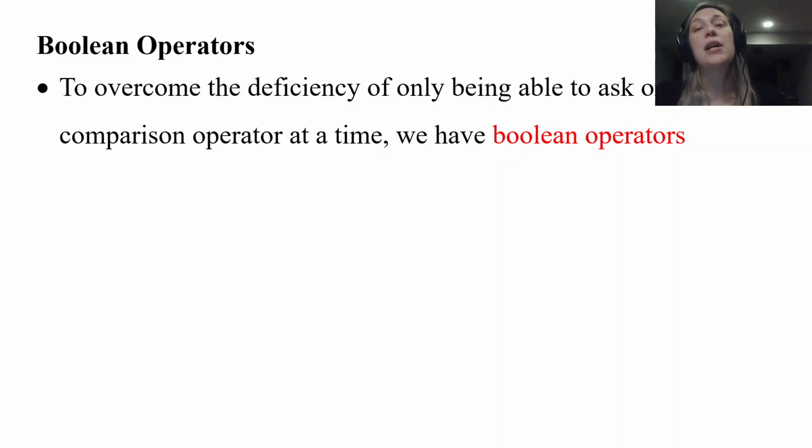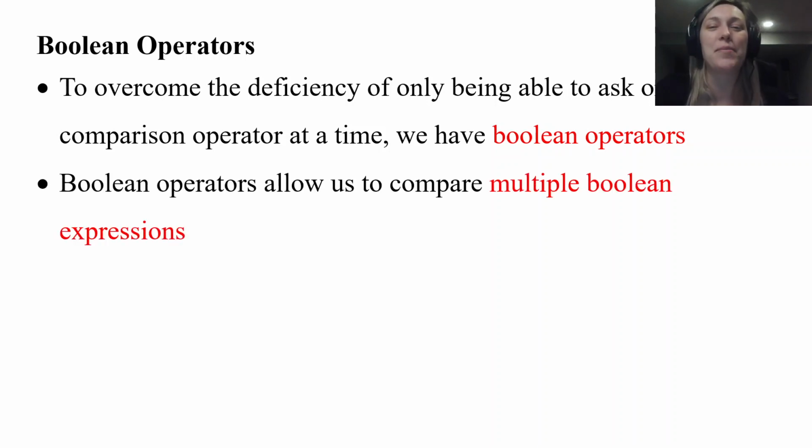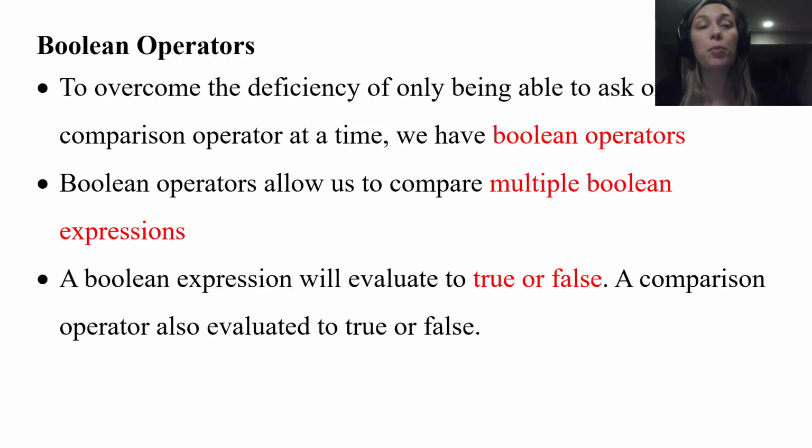Boolean operators allow us to overcome that disadvantage of only being able to ask one comparison operator at a time. So Boolean operators allow us to compare multiple Boolean expressions or multiple comparison operators. The Boolean expression evaluates to true or false, and then a Boolean operator will determine, based on the results of that, whether it will evaluate to true or false.